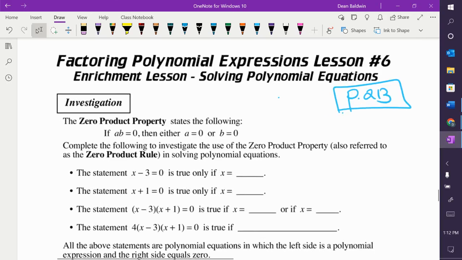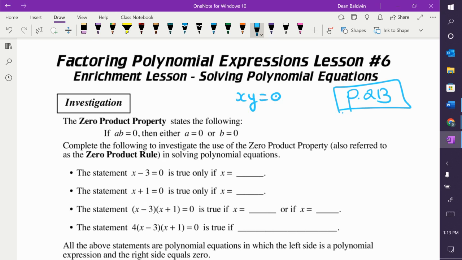Page 213. So if I have x times y is equal to 0, what are two possible answers? One of them has to be 0, right?